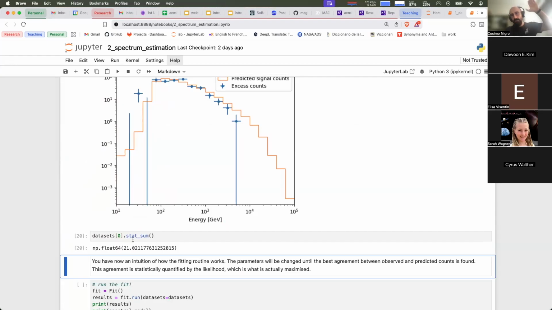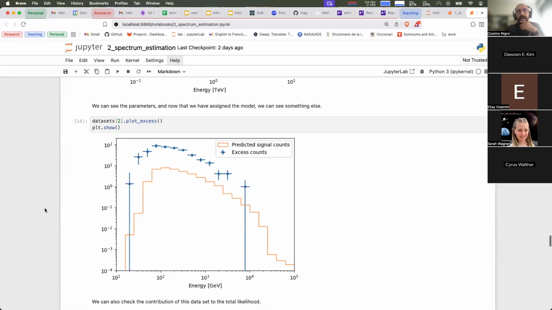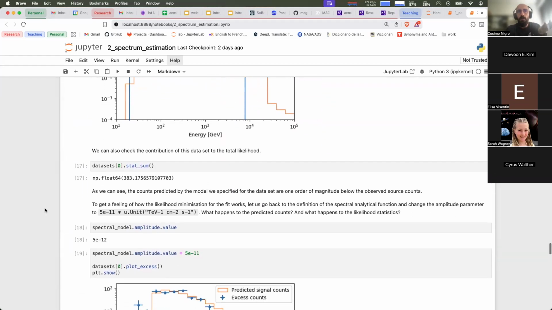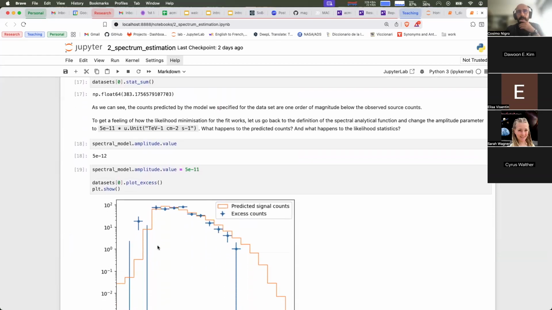Remember that this is minus 2 the log of the likelihood. So we are minimizing, sorry, we are minimizing this parameter. Is it clear more or less how this works? So basically this is the fitting algorithm. I have certain parameters of my model, and if I change them, the likelihood value will change, and my algorithm will stop.